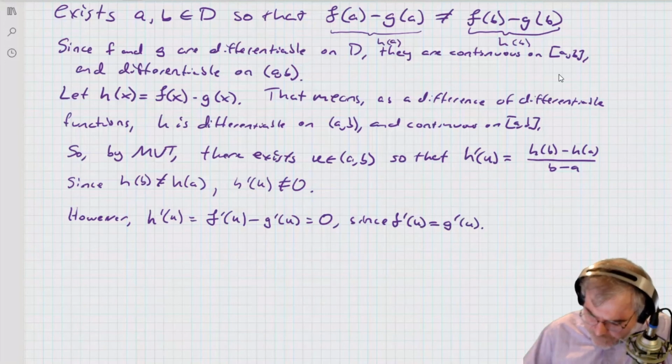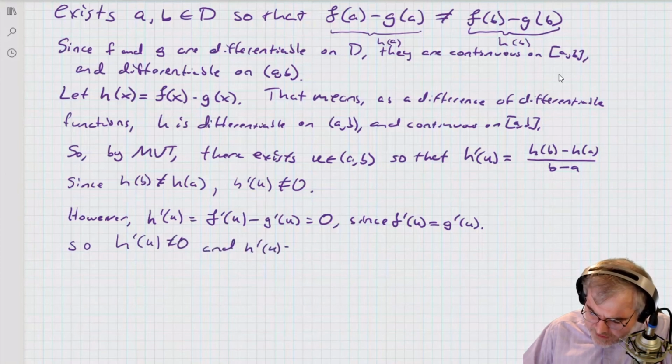Okay, so h prime of u does not equal 0, and h prime of u equals 0. This is absurd.